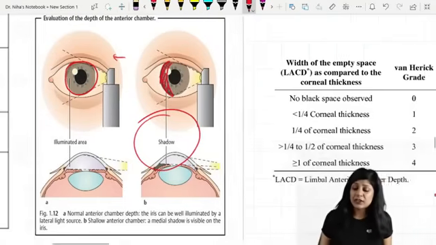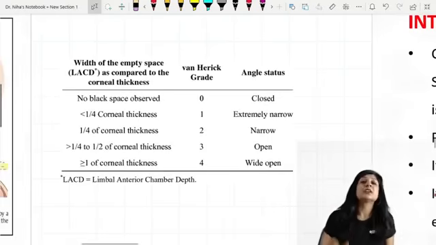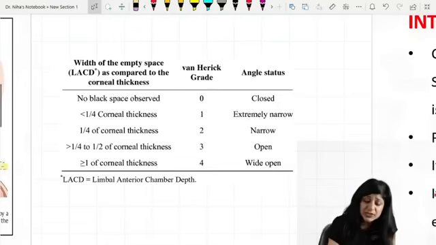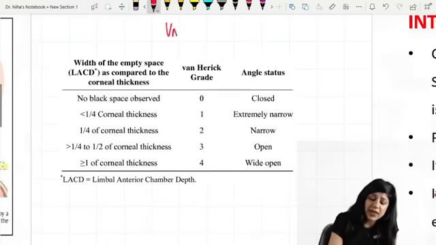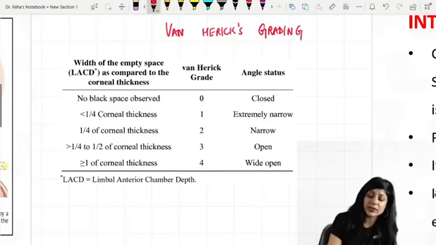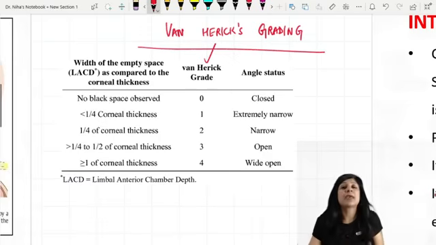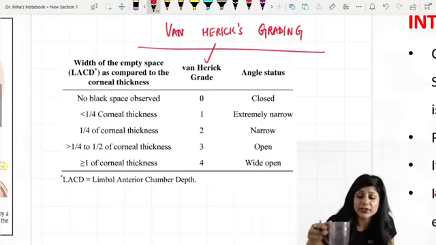Now one other way you can compare the anterior chamber depth is the Van Herick grading. This is done over the slit lamp, where you are comparing the depth of the anterior chamber with the corneal thickness.